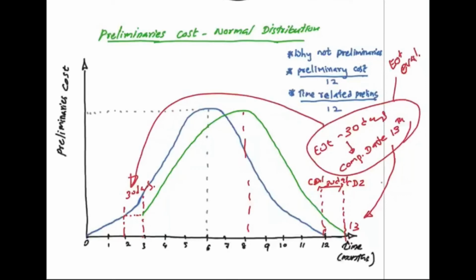Even though the delay event started at the second month, the contractor's preliminaries that he has planned are here, and we can say the value is X. But the contractor has a duty to mitigate the delay, and he may also have his own other projects where he can deploy some of his resources, so he can minimize his expenses on the preliminaries.